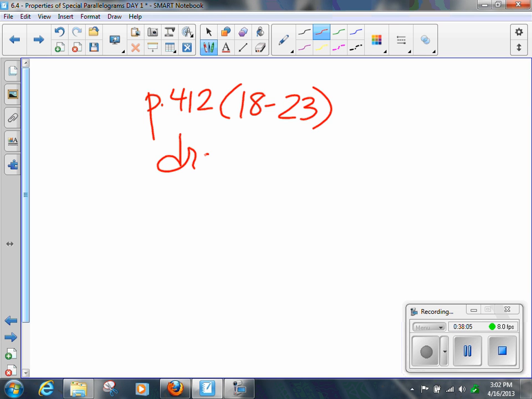You better draw every single picture. And you better draw them big enough where you can put your answers, your angle measures within those figures. Okay? 18, 19, and 20 are rectangles. 21, 22, 23 are rhombuses or rhombi.